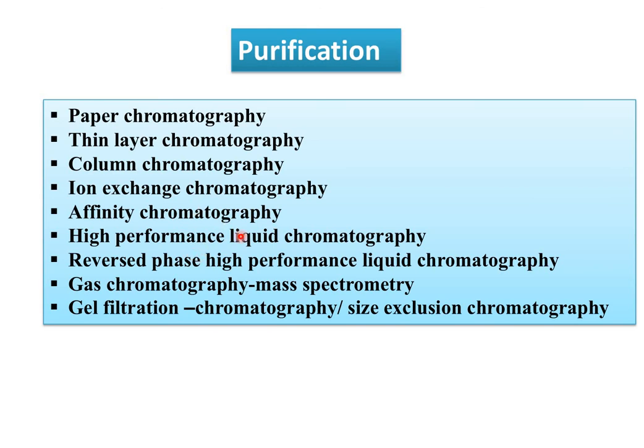So if I talk about the instrumentation of this HPLC, basically a solvent reservoir is used to hold the mobile phase through the system, and there is an injector which is used to introduce the sample into the column, and we have a chromatographic column which separates the solute, and we have a detector to detect the separated analytes as they are eluted from the column, and then a computer is attached which processes the data.